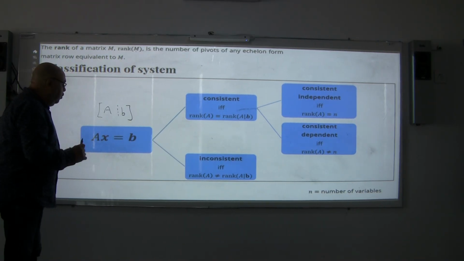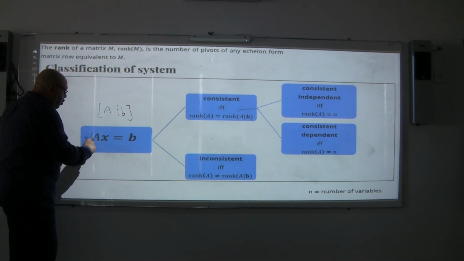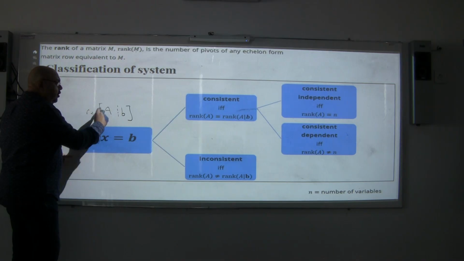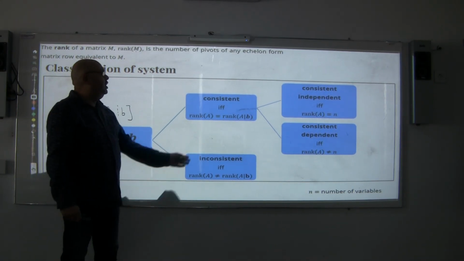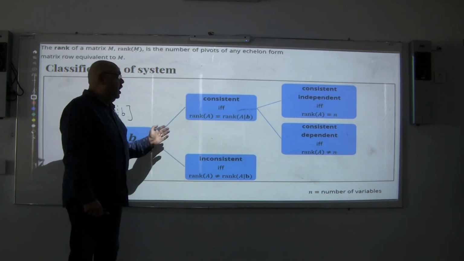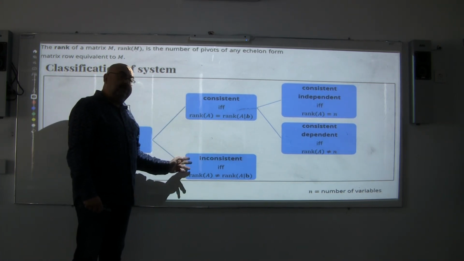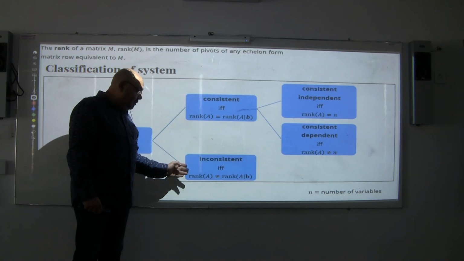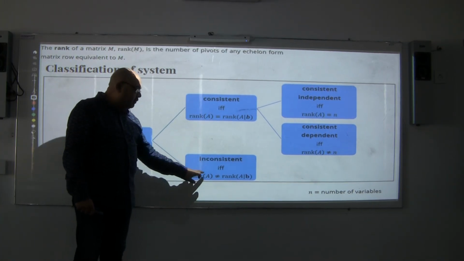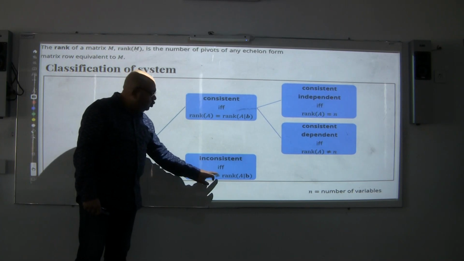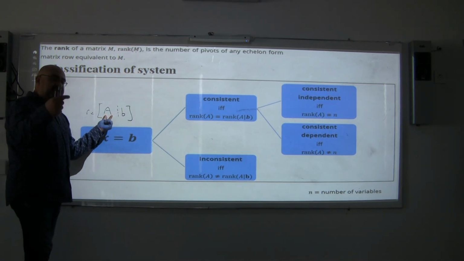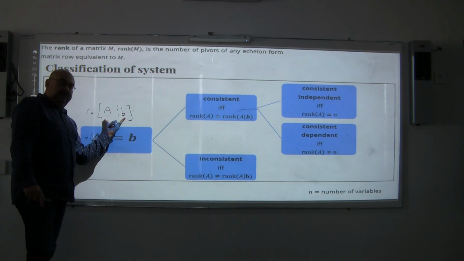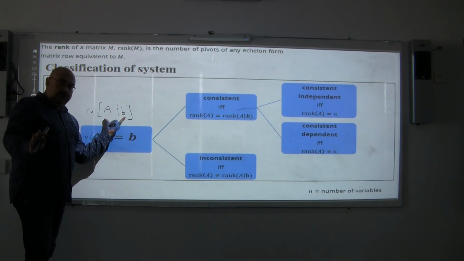Once more, solving a system of equations is either consistent or inconsistent. Inconsistent may happen if the rank of A doesn't equal the rank of the augmented matrix. So the rank of A is different than the rank of the whole matrix. Then there will be no solution.